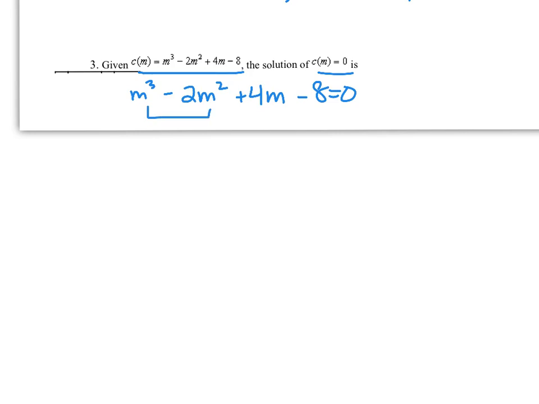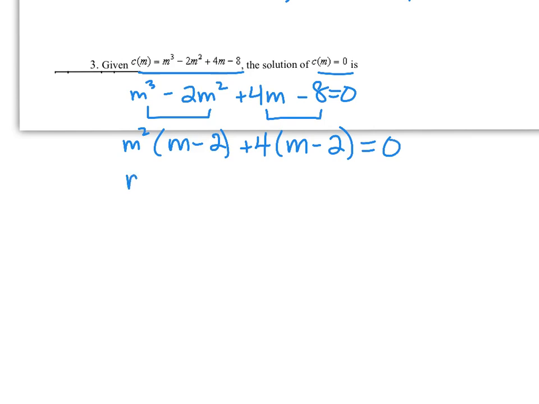All right, well I have 4 terms, so I'm going to group. I can take an m squared out of the first 2 terms, and I get m minus 2. I can take a 4 out of the second set of terms there, and I get m minus 2. All right, so then I've got m squared plus 4, and then I've got m minus 2 equals 0.